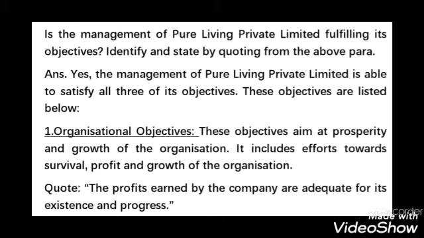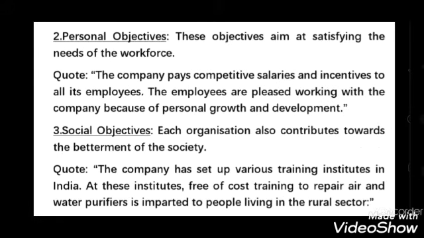It means it totally focuses on the profit that is being earned by the institution, or you can say organization. That is why we have quoted the first line, which says the profit earned by the company are adequate for its existence and progress.